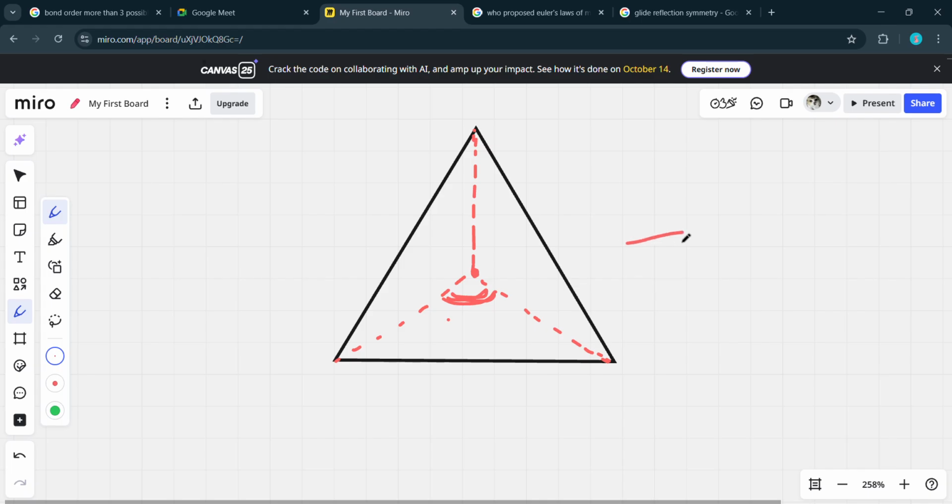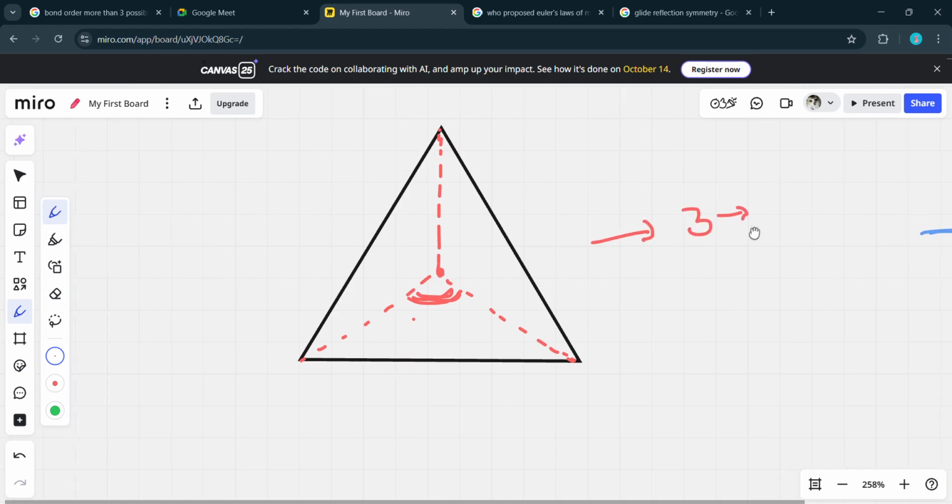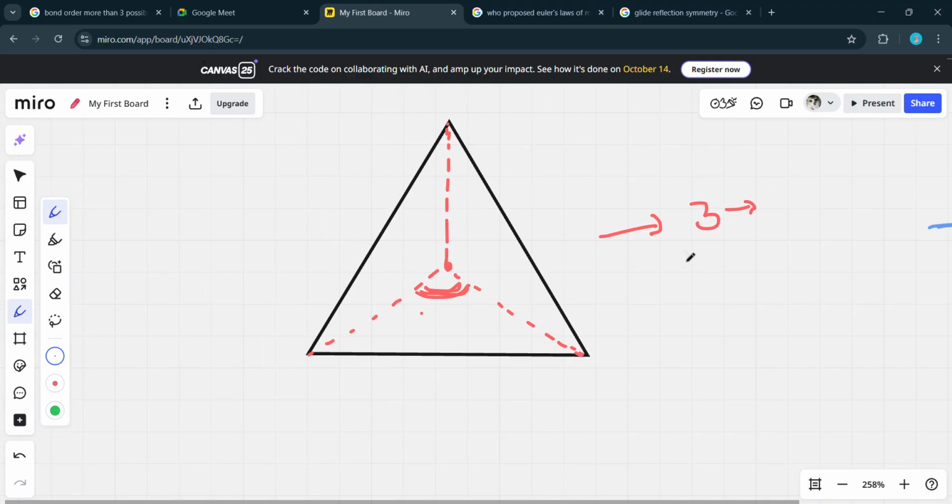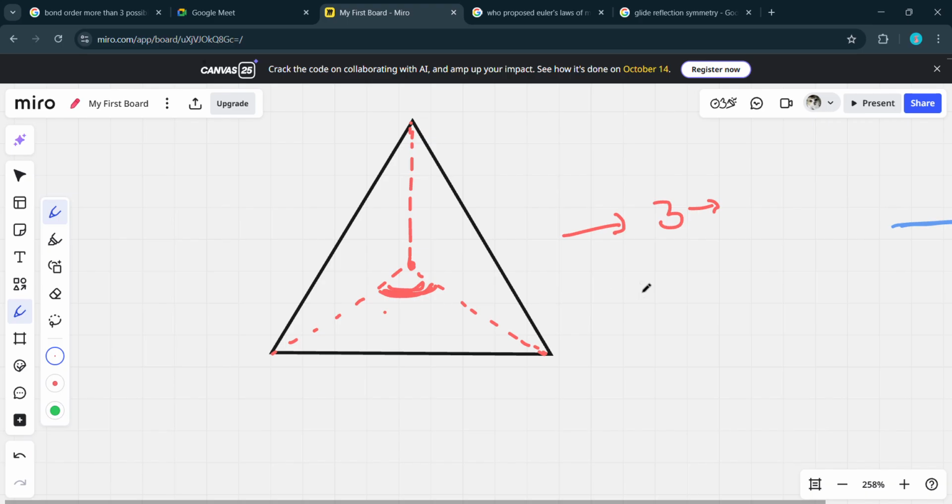That's why you can show it is symmetrical in three ways. The angle by which you rotate is called the angle of symmetry. It means how much you have to rotate so that you get exactly the same result as the initial one.